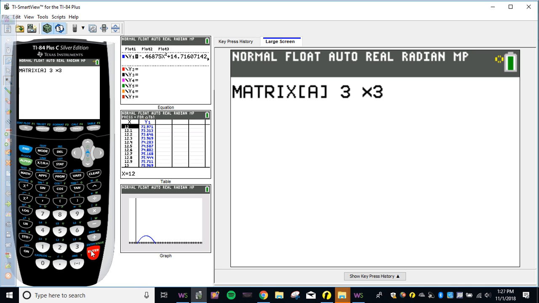Then we're going to put in the 3 by 1, so second matrix over to edit down to B. I'll give you a minute to plug that in. Anyone need more time on this? Okay.